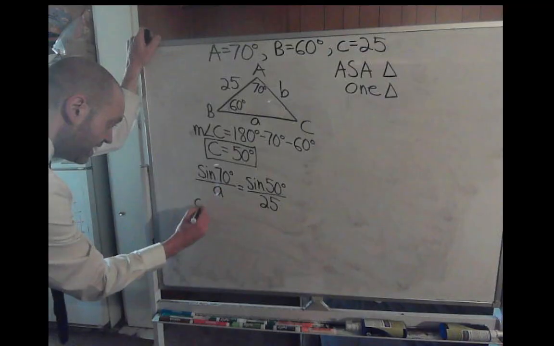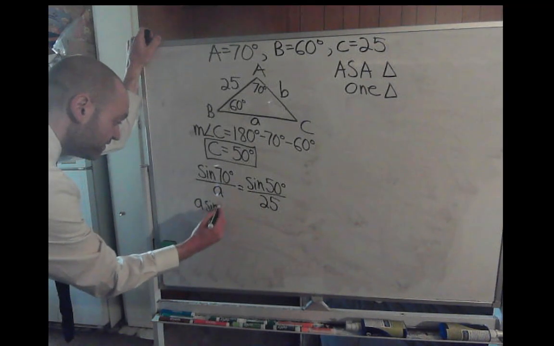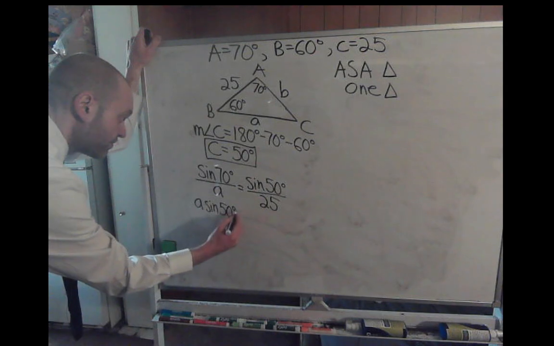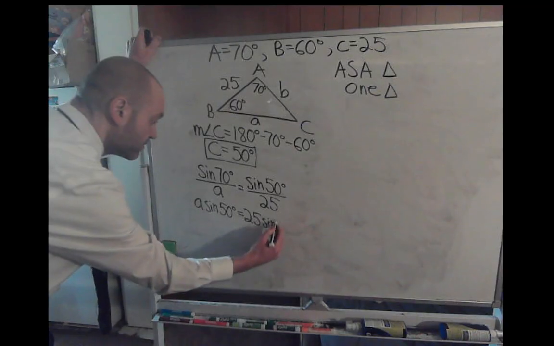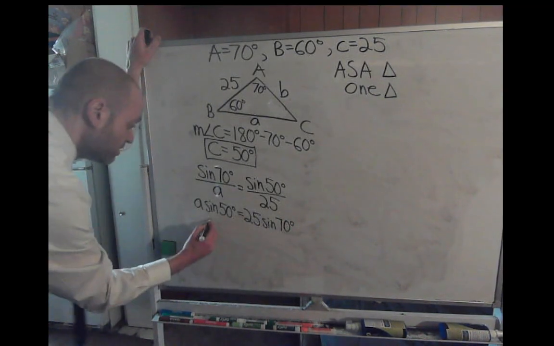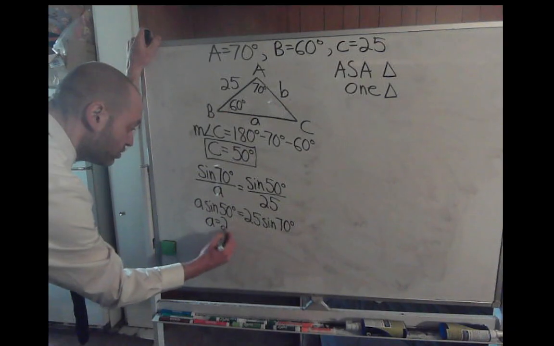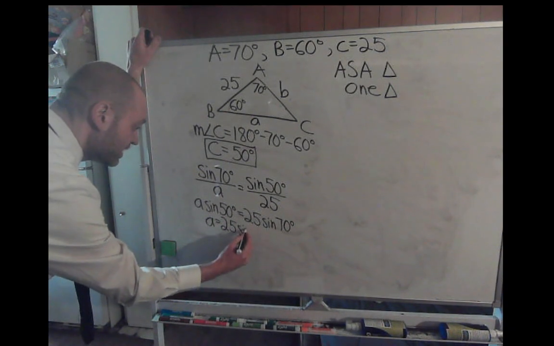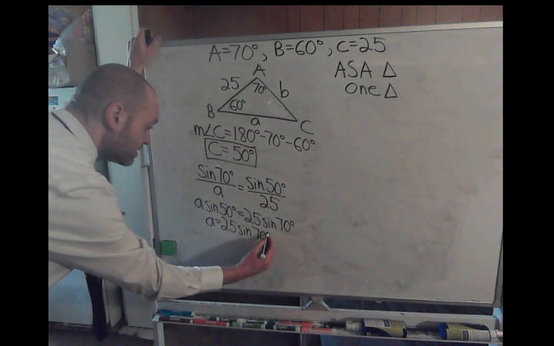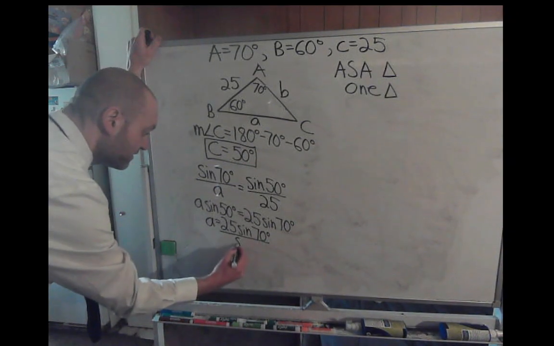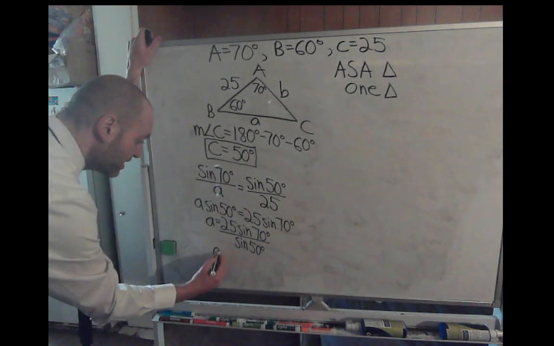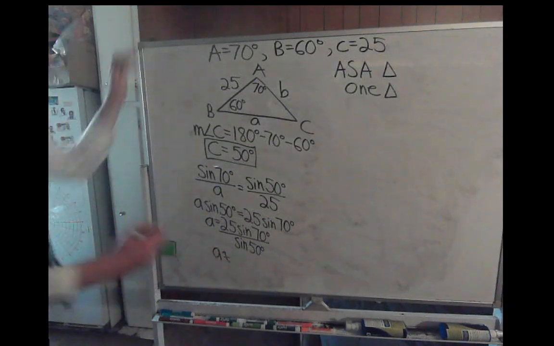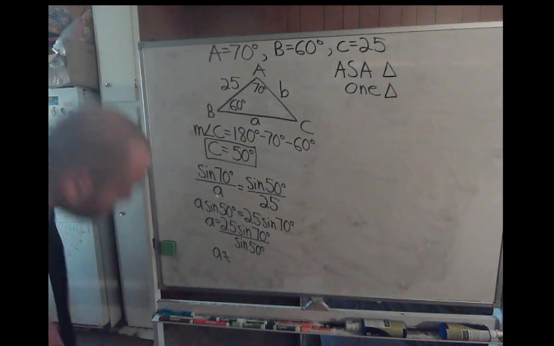So that means A times the sine of 50 degrees equals 25 times the sine of 70 degrees, which means A would be equal to 25 times the sine of 70 degrees all over the sine of 50 degrees, which now we can get a 2 decimal place approximation for that side.